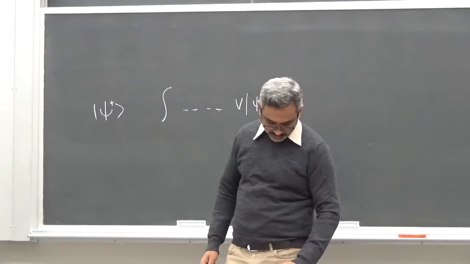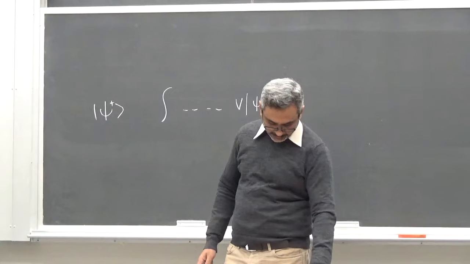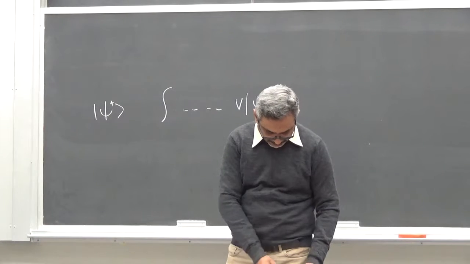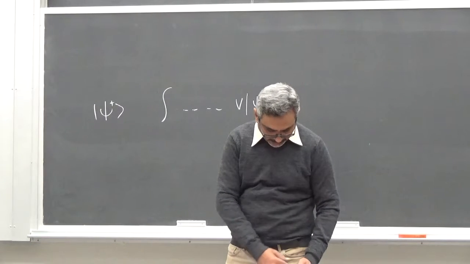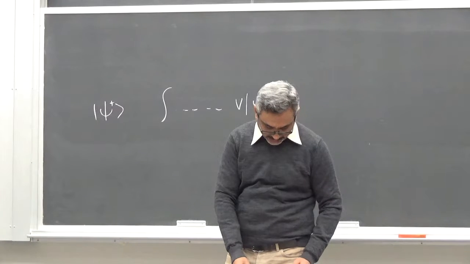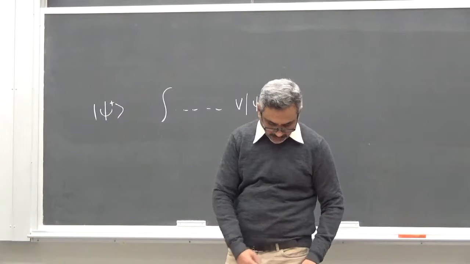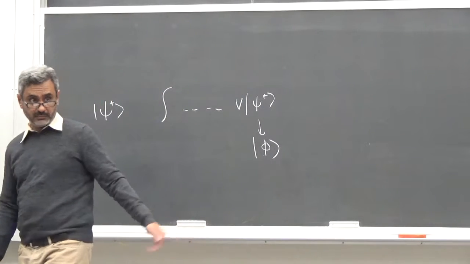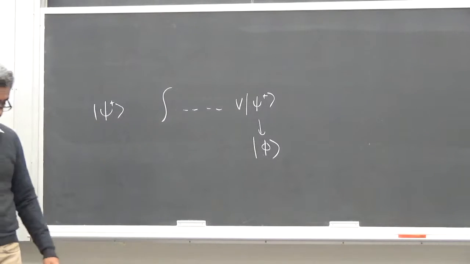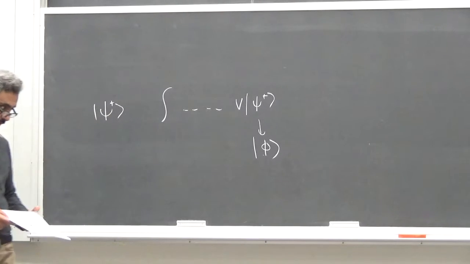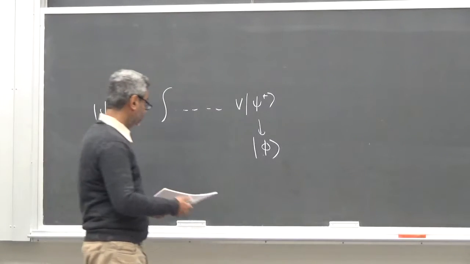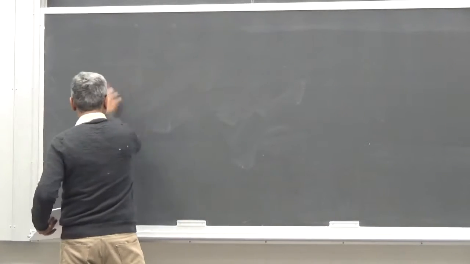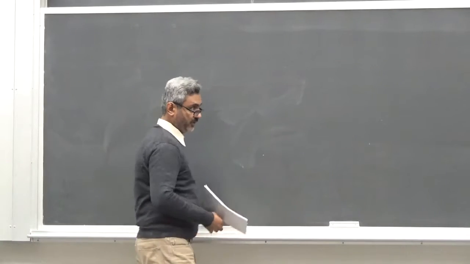You can do it from Shankar or Sakurai or both, so this discussion here on page 398 through 400, or there is some in Shankar as well. Just read through it. It tells you when you can use the Born approximation.